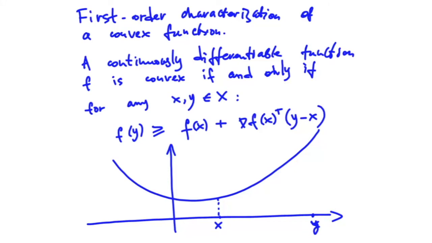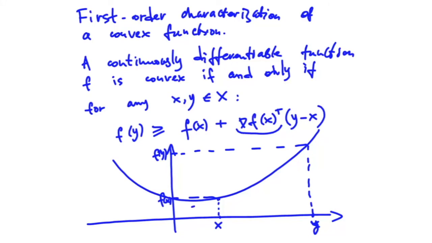What we have in this inequality, we have f of y. So this is our f of y, right? Is greater than or equal to what? f of x. So this is our f of x plus the gradient of f in x transpose, so it becomes f prime of x, right? So f prime of x is the slope of the tangent line at the point x, right?